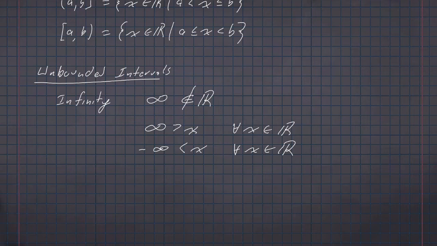Later on, when we get enough of the material to fully define what the real numbers are, we'll revisit this, and I'll try to find time to prove to you that these two definitions, even if we relax it and called it greater than or equal to and less than or equal to, would be enough to ensure that infinity is not actually a real number.